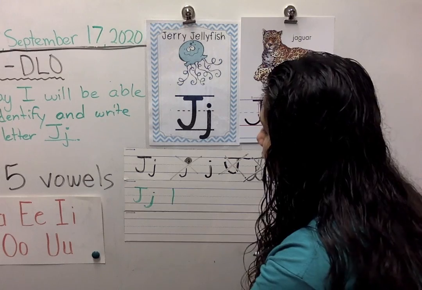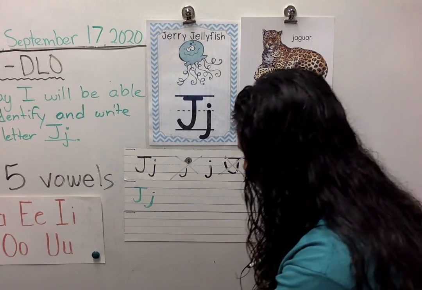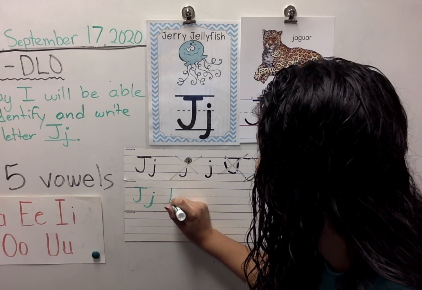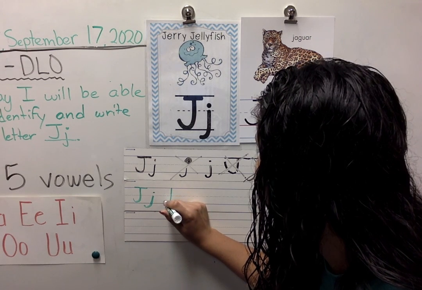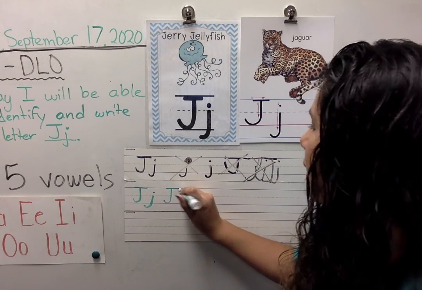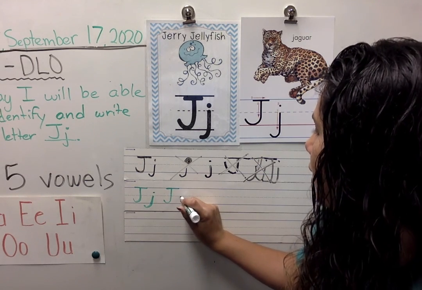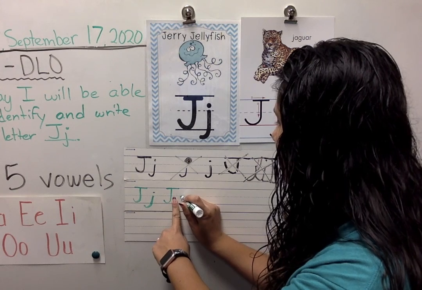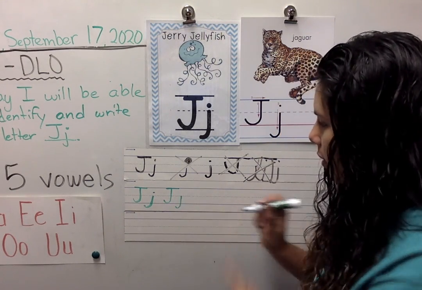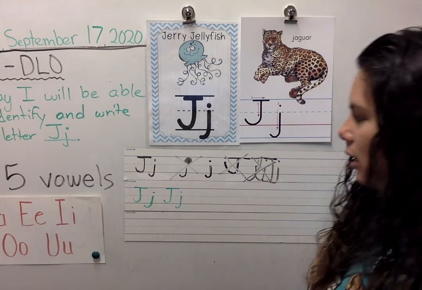Oh my goodness, my hand slipped. And give it a little tail. And then come back up to the top and give it a line. Capital J. Yeah, I can go underneath this, remember? We're allowed to. And then give it a dot.